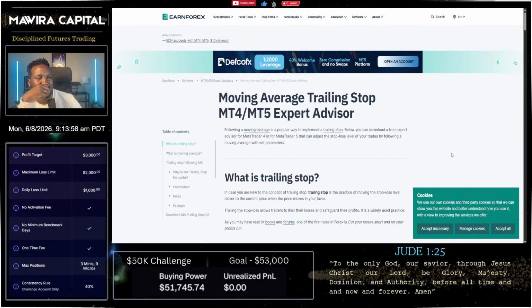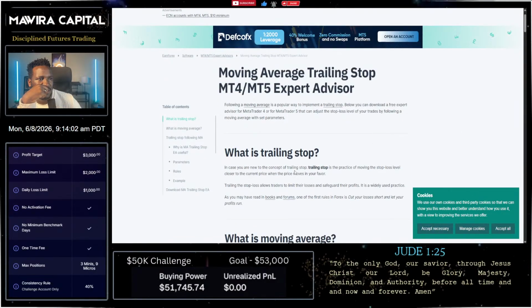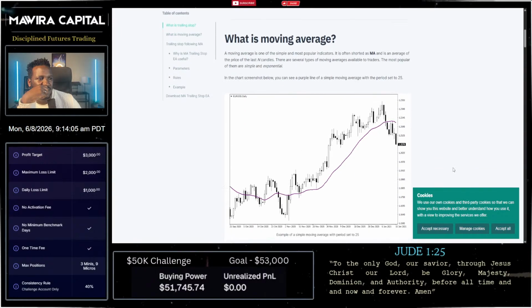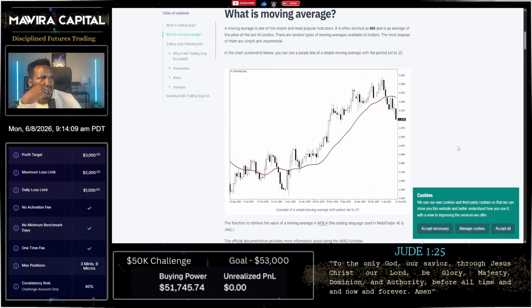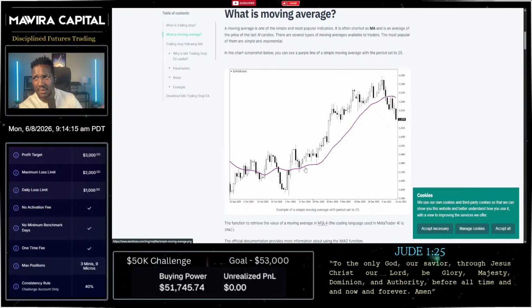Let's say you want to step away from your charts and you want to book in a little bit of the profits. You can check it out and see if it's something you want. You can have it on another tab with the same instrument you're trading, and there's going to be an on and off.